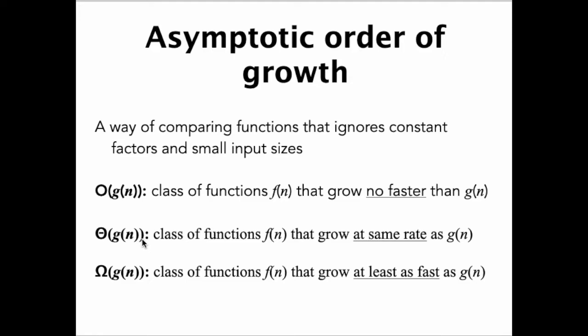Theta, we can think of this as a class of functions that grows at the same rate as g of n, and omega is the class of functions f of n that grows at least as fast as g of n. So we can think of these notations as sets or classes of functions. So sometimes we can see the expression f of n is in O of g of n, or f of n is in theta of g of n.